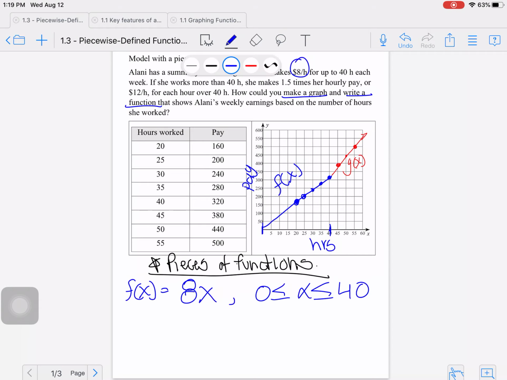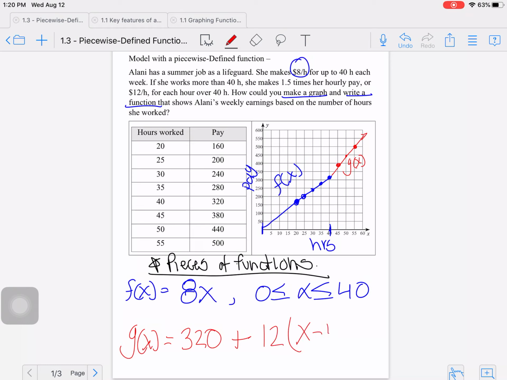Now for g of x, it's going to be a little bit different. First of all, I need to add the money that I made at 40 hours, which is 320. That's already the money that I made when I worked 40 hours, plus now I'm going to be getting paid $12 for every hour that is above 40.